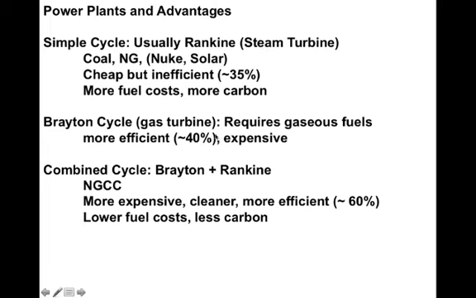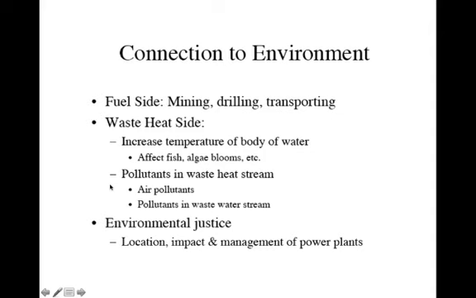And you say, well, yes, there are coal gasification plants, but they're very difficult and there's only a few experimentally worldwide. So when we talk about coal, it's almost always Rankine cycle. Brayton cycle is natural gas, and so of course with the combined cycle it would be natural gas.